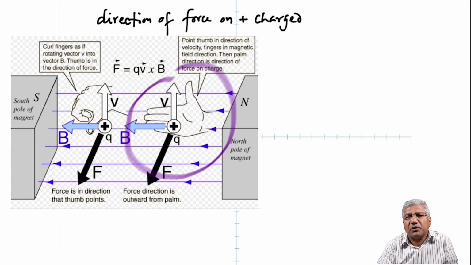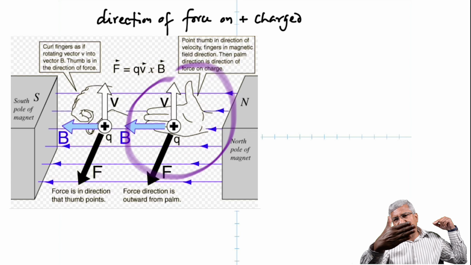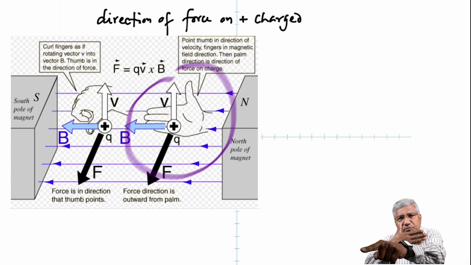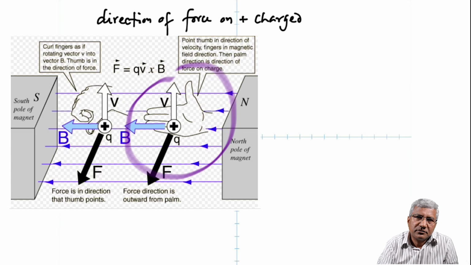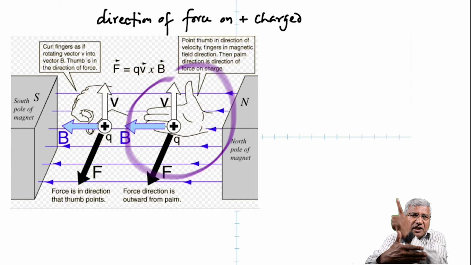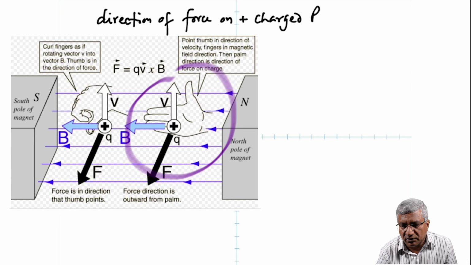If it's for a negative particle, instead of taking it this way, take the force exactly opposite. Okay? So the negative particle is moving that way, magnetic field is that way. Instead of the force being out, it'll be to the back of the palm. That's for a negative particle. All right, so that's the only difference.